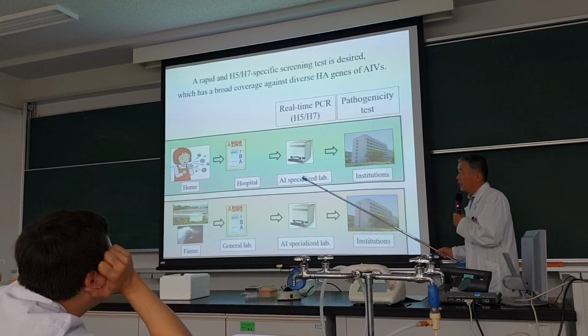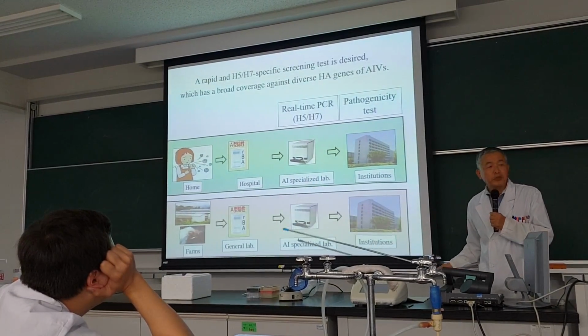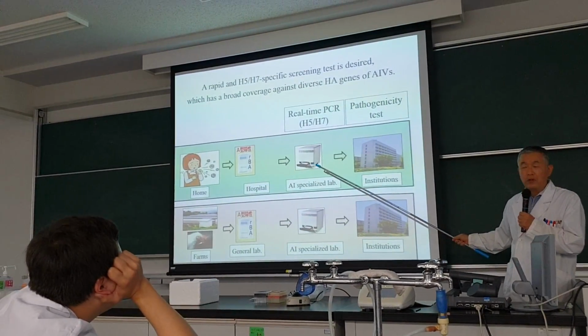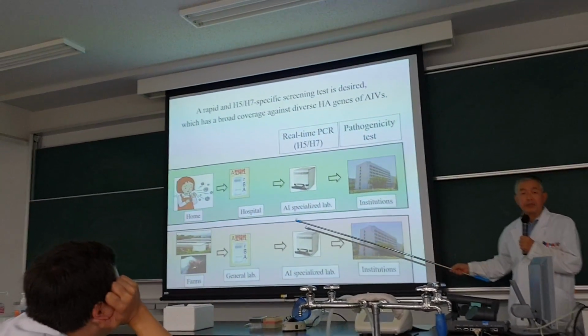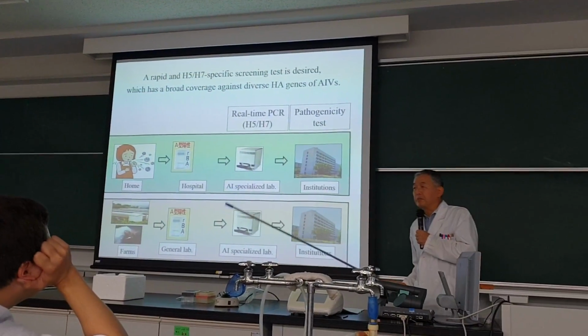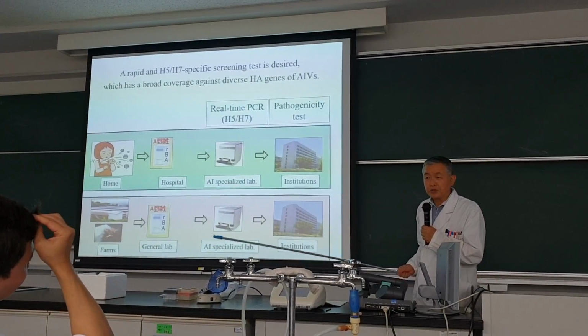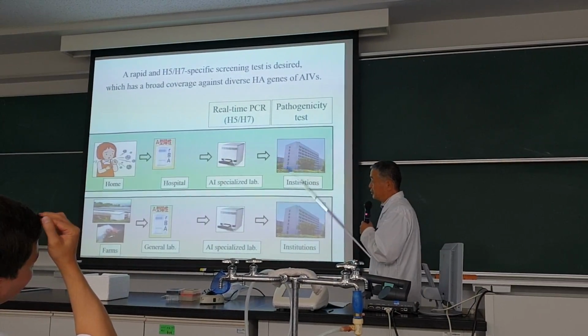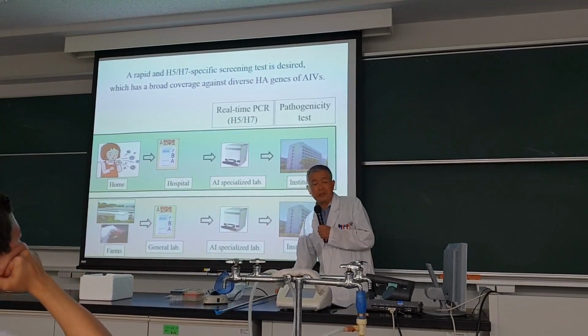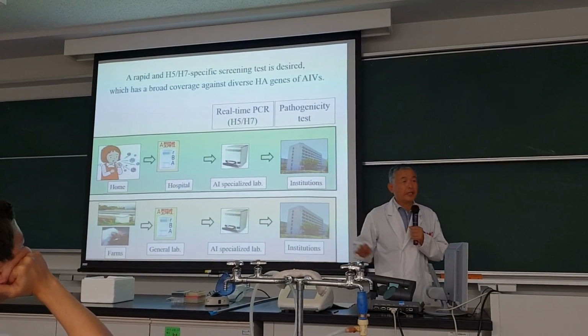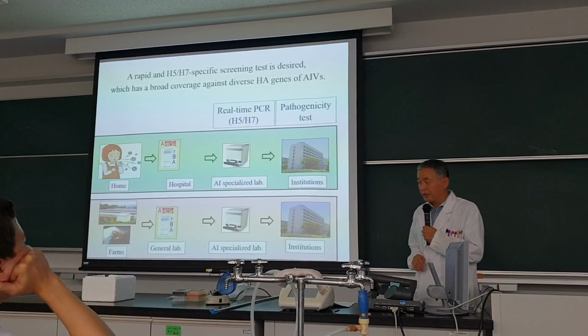In that case, any sample should be tested at the local laboratory. It would result in the panic of many samples. And the institution would be swamped, and cannot control the disease spread efficiently.